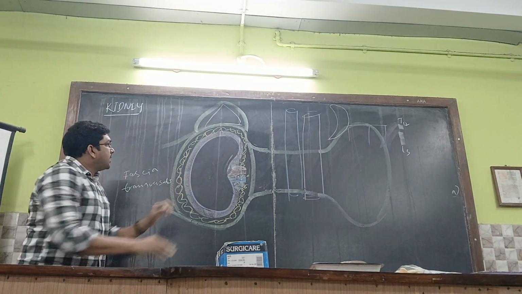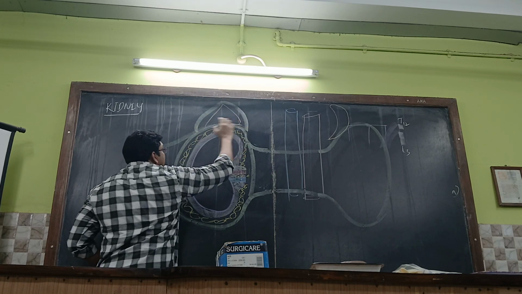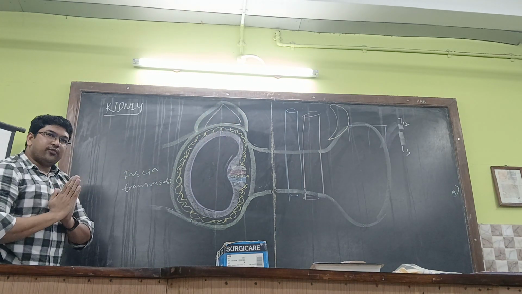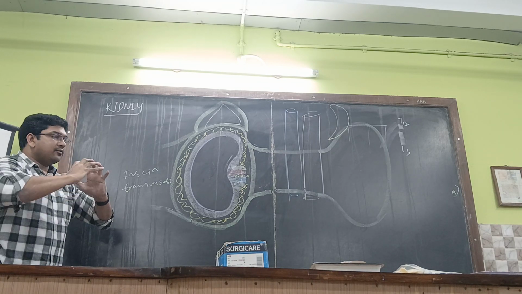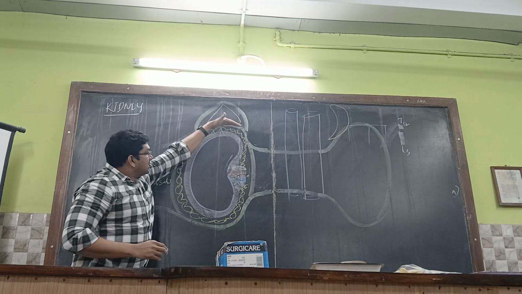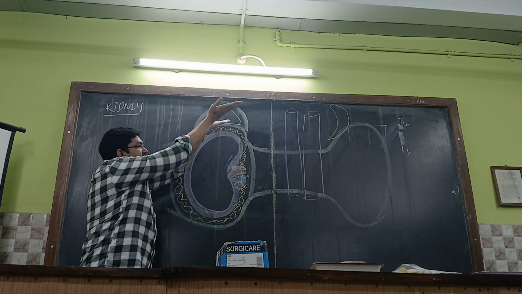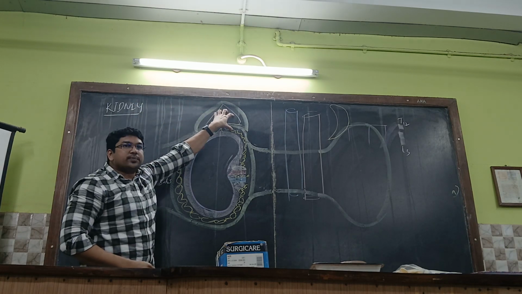But above, again it will be divided into two layers, and that will be enclosing the suprarenal gland. Getting it? First of all, the two layers, anterior and posterior, enclose the kidney and join with each other over here. But again they will divide and form anterior and posterior layers and join above the suprarenal gland.